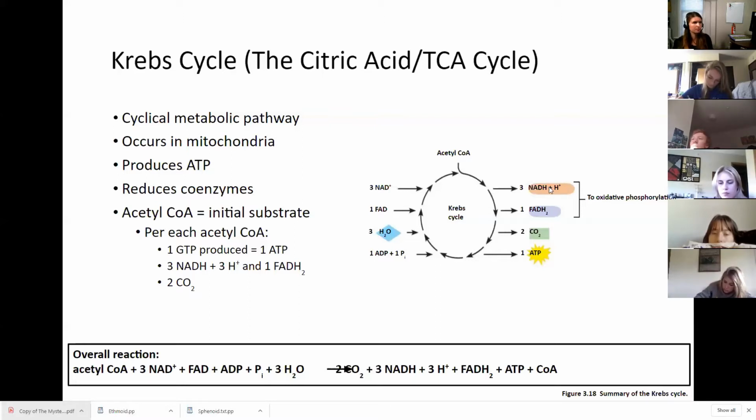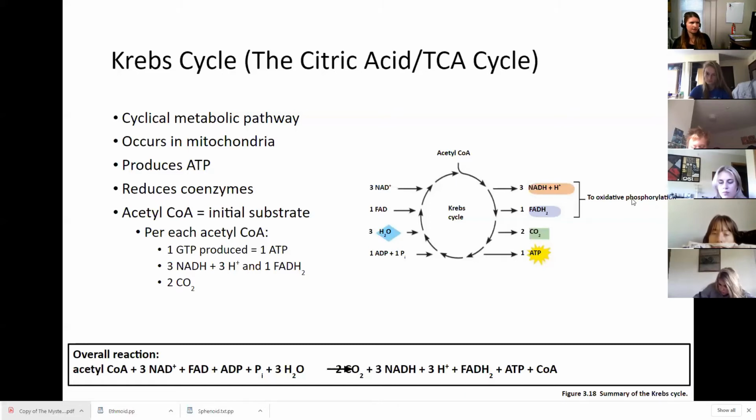But what is really important is this electron carrier. So our NAD or NADH is a coenzyme. So our reduced form here is the NADH. And this is really important to the function of the electron transport chain and therefore to oxidative phosphorylation, which is the way we make a lot of ATP using the electron transport chain.